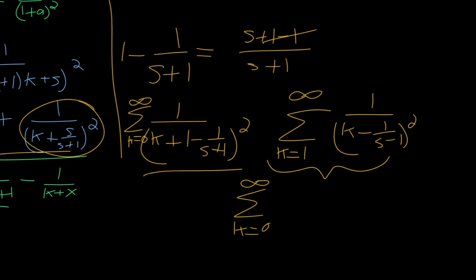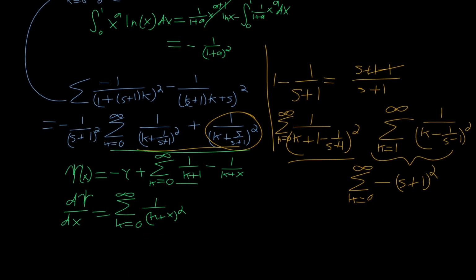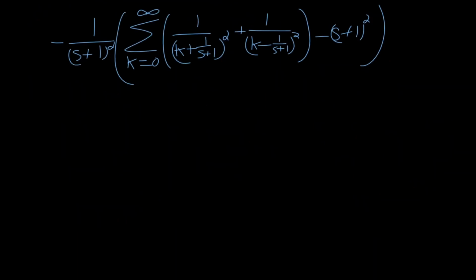So that's just a 1 over negative 1 over s plus 1 squared, which is just going to be an s plus 1 squared, right? So this minus s plus 1 all squared. So grouping our terms and actually simplifying this into one big expression, this is what we obtain. This right here is the sum that we need to evaluate.